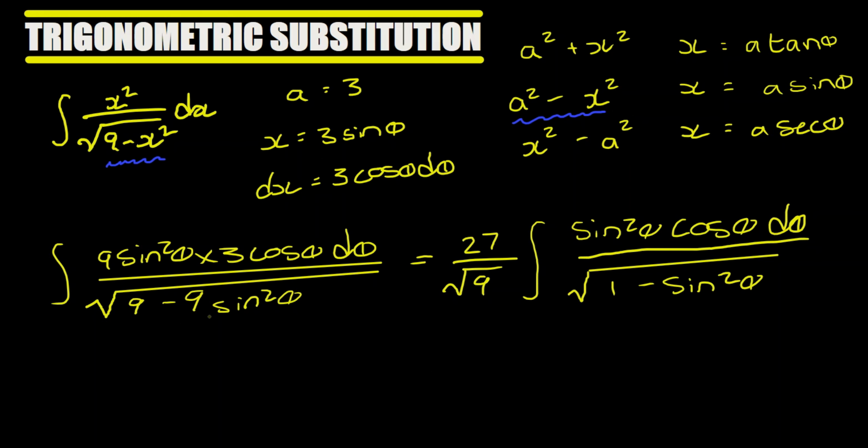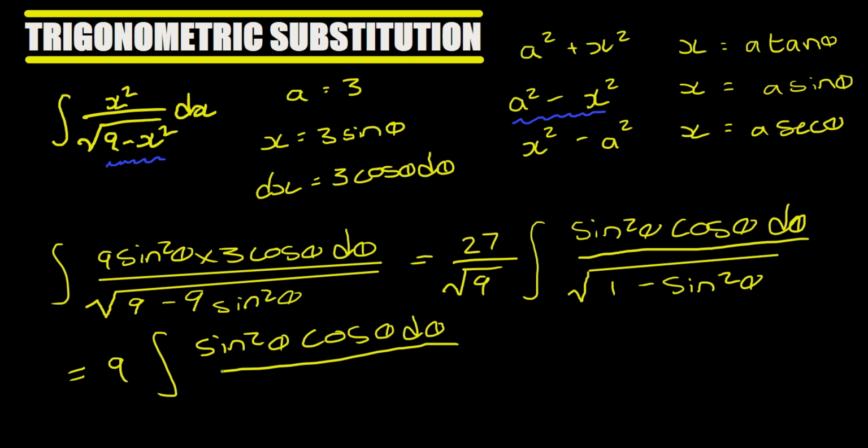Let's simplify our new equation, where we can see 27 divided by the root of 9 will be 9, and we take the integral of sine squared theta multiplied by cos theta with respect to theta over the root of 1 minus sine squared theta.